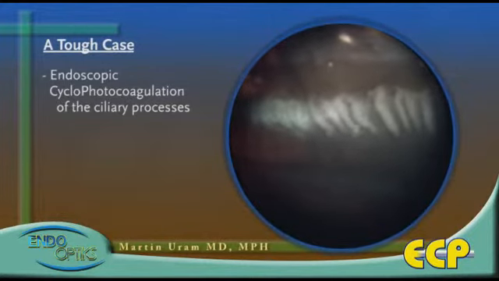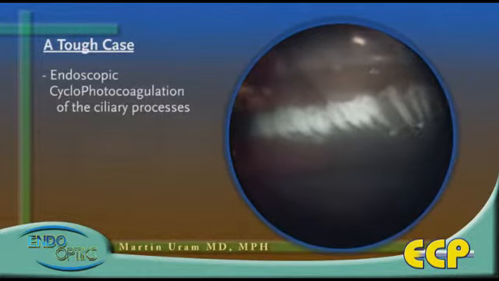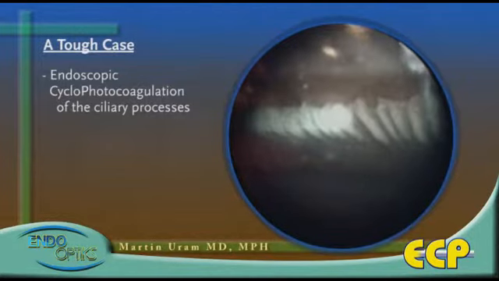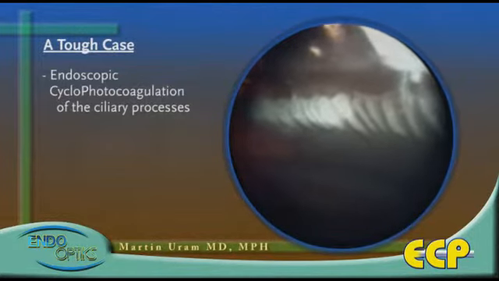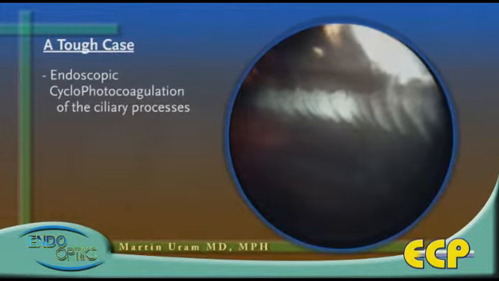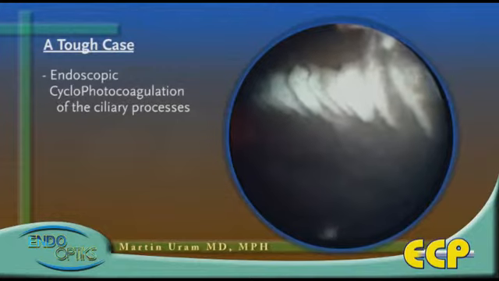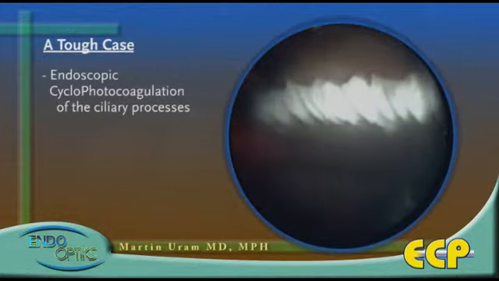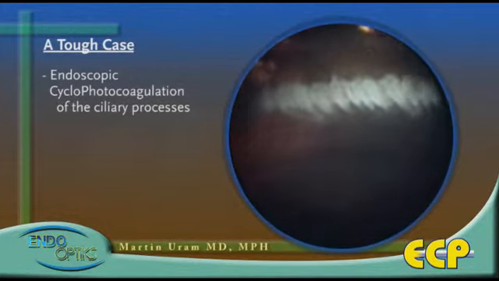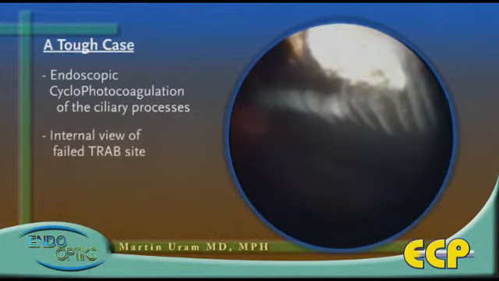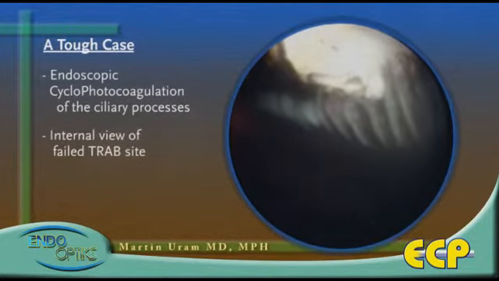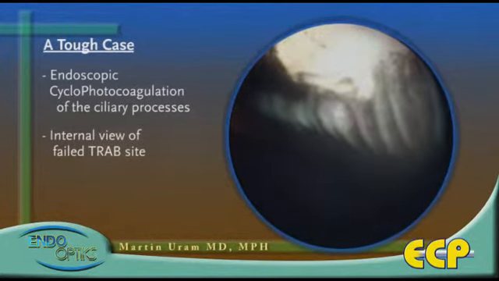One of the great values of ECP is the visualization of the ciliary processes and control of the laser application to the ciliary epithelium so that only the aqueous producing tissue can be treated. This white area superiorly is actually a failed trabeculectomy site.